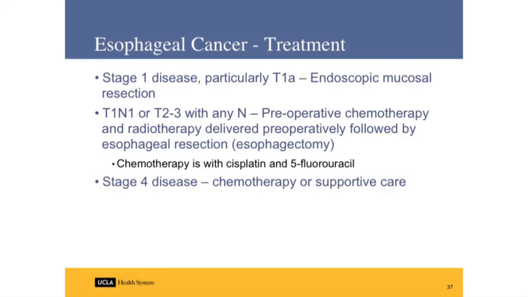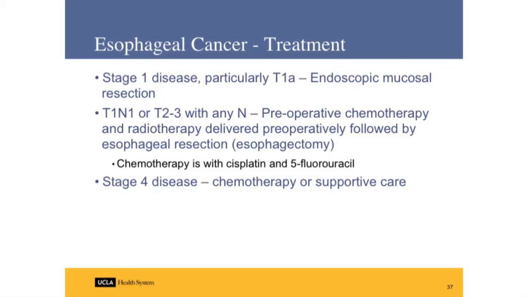So the treatment of esophageal cancer, stage 1 disease, where it's not spread, particularly T1A, is by endoscopic mucosal resection. This is where we're resecting the tumor endoscopically, using the endoscope.